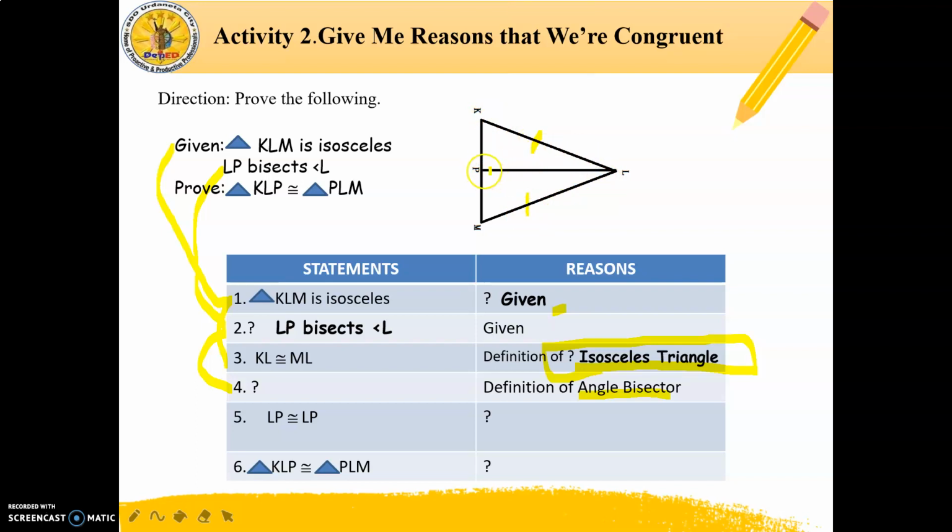So once LP bisects angle L, we form two congruent smaller angles here. And what are those angles? We have angle KLP and angle PLM. They are congruent according to the definition of angle bisector.